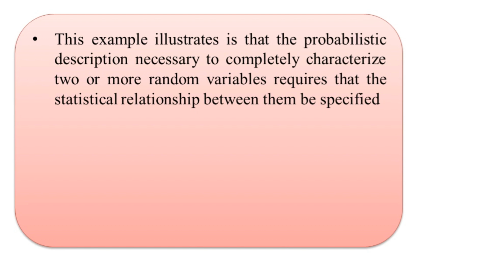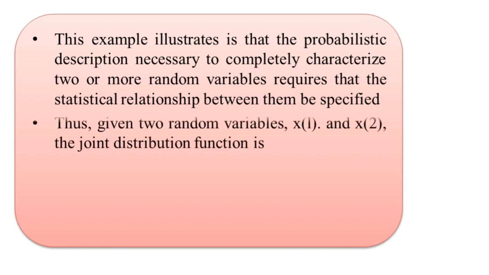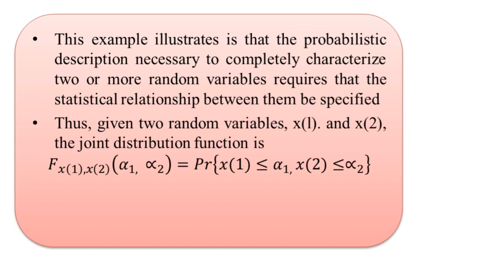As it used to be the case, we represent the probability distribution function by capital F with suffix small x to represent the random variable, and the probability density function by small f. So for the probability distribution function in the joint case, we can have the representation as capital F with the suffix for the two random variables X of 1 and X of 2.